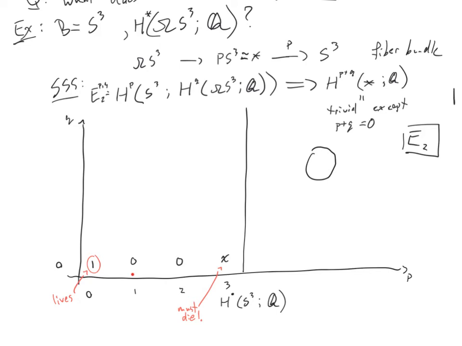D2 is already mapping from here, this element, but there's no way you're going to ever get something in H1 of S3 in any coefficient system by Hurewicz theorem. So in fact, we can fill in these columns vertically. So the only things we don't really know are the entries in the 0th and 3rd column.